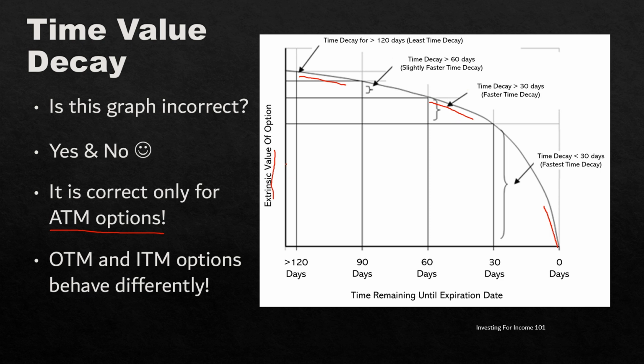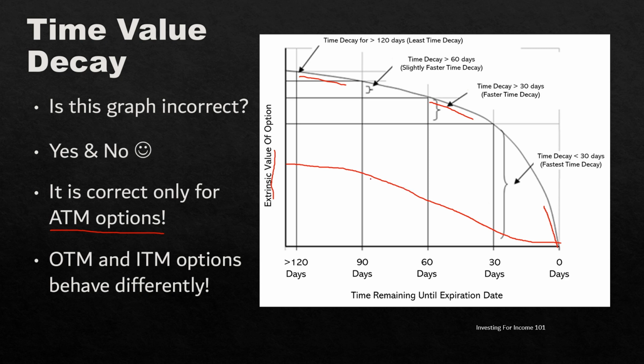If I compare, the chart for the time value of an out of the money or in the money option would look something like this. It starts decaying slowly, then speeds up a little bit, and towards the end it levels off. So very different from this parabolic curve.